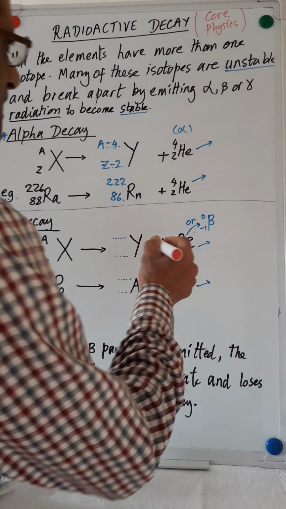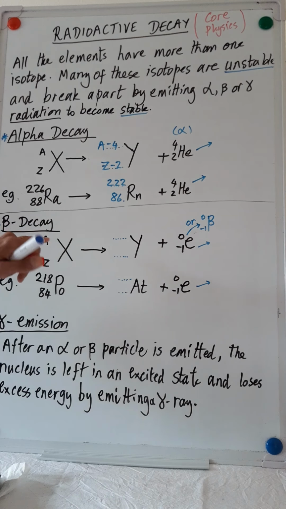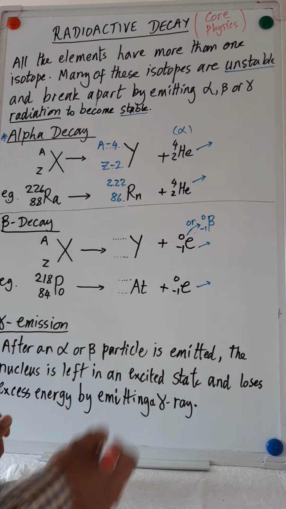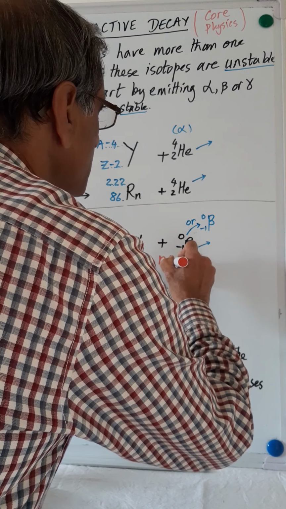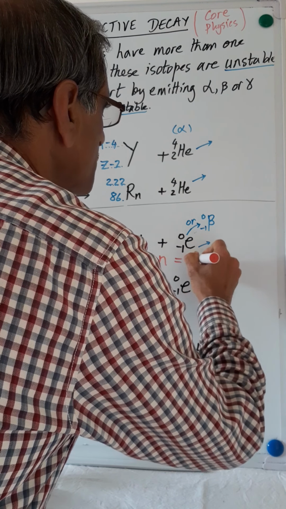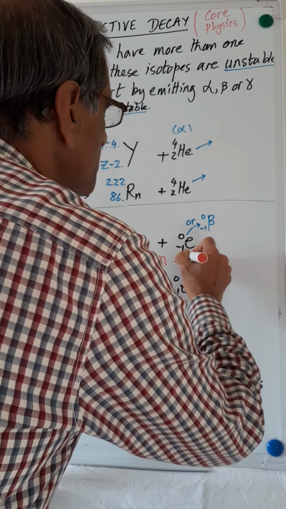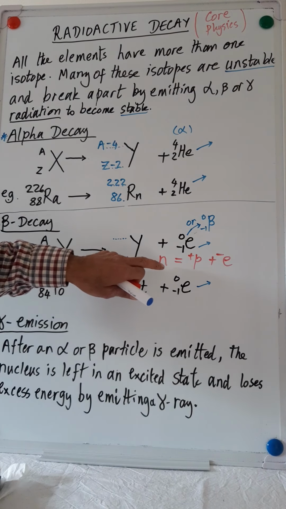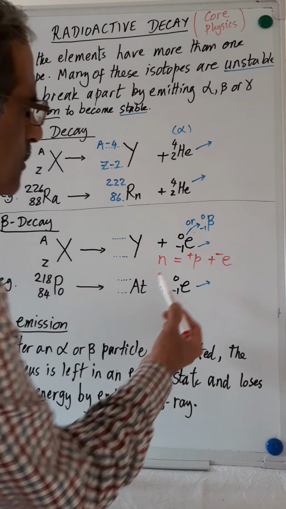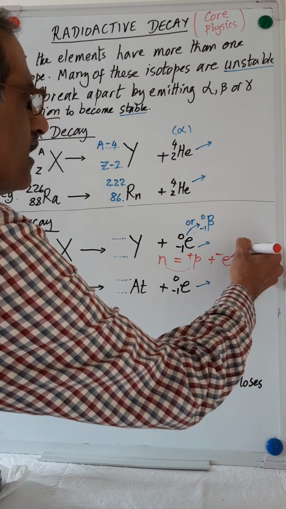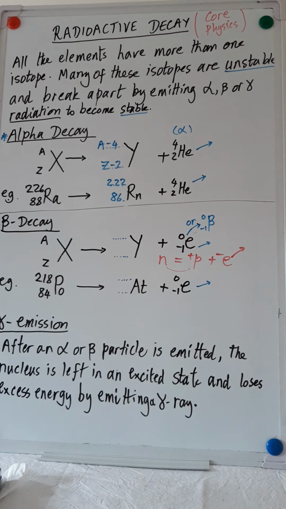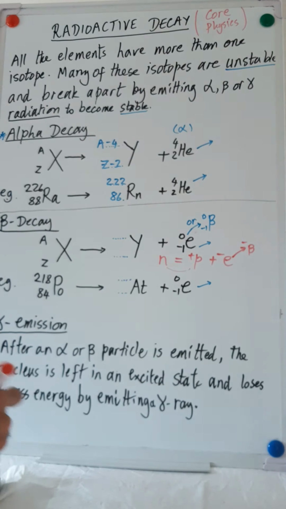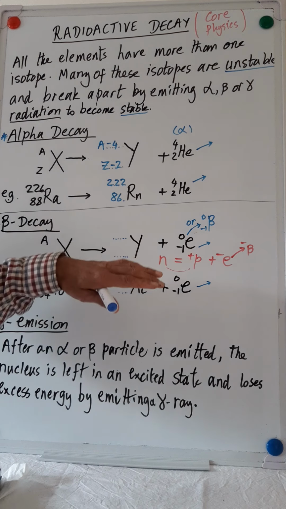You can think of a neutron as being made up of a proton, which is positively charged, and an electron, which is negatively charged. So when a neutron changes to a proton, the electron comes off as beta particle. This is the beta particle, which is given off because a neutron changes to a proton.